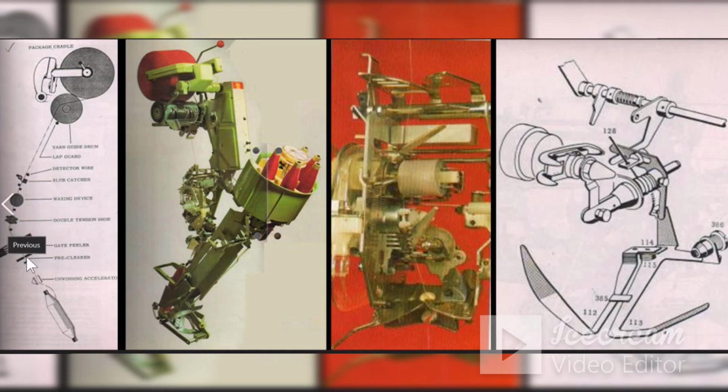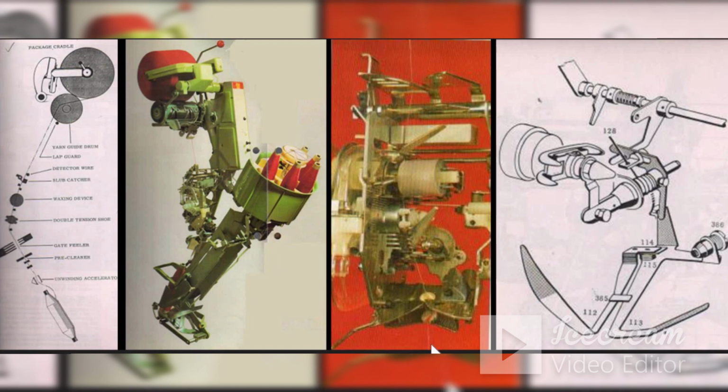What you can see here, this is the unwinding accelerator. Then yarn passes through a pre-clearer. Same thing I will show in a close-up photograph of this machine, that is AUTOCONER 138. So here you can see these two.